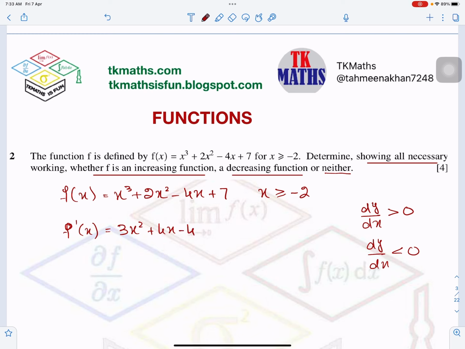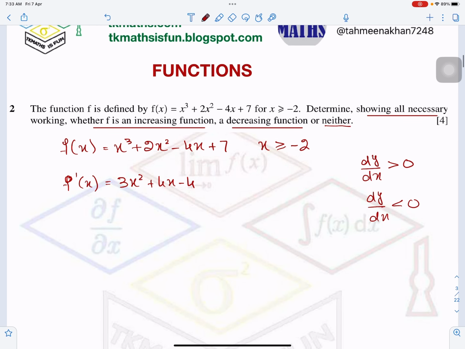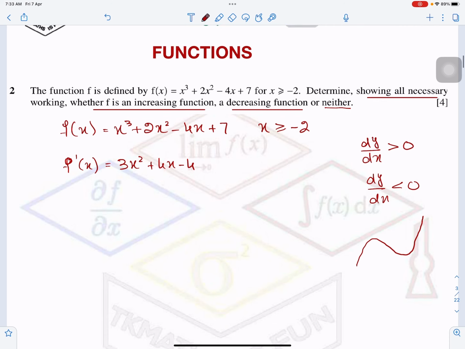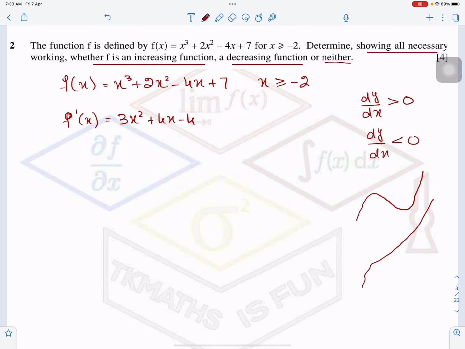Now, because this is a cubic function, and the coefficient of x cube is 1, which is positive, you have to recall the graph. For a cubic function, the graph is like this if the coefficient of x cube is positive, okay? And the shape of the graph could be like this, or it could be like this.